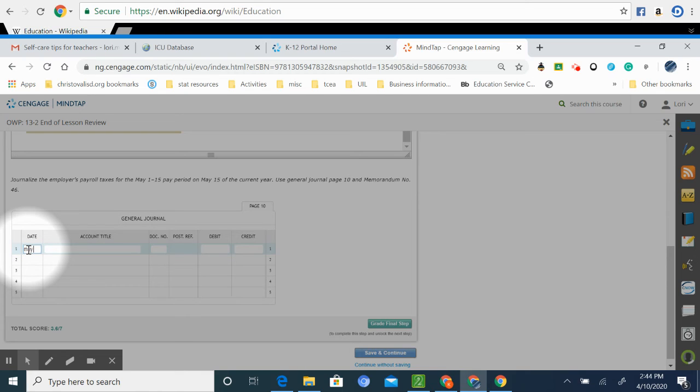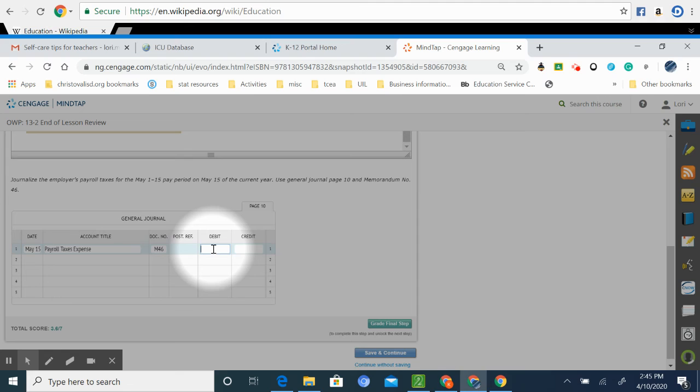And this is going to go with your payroll taxes expense, and this is off of Memo 46, so M46.